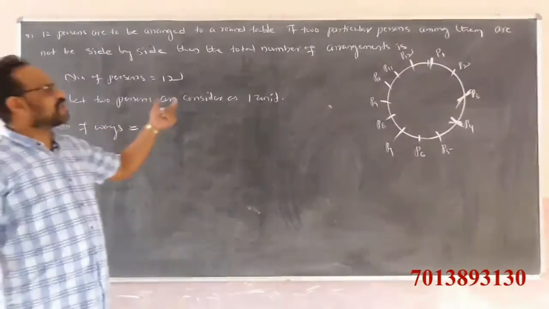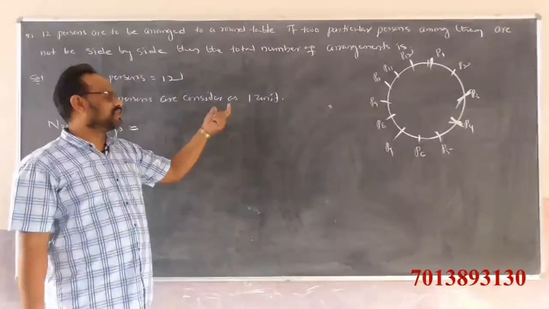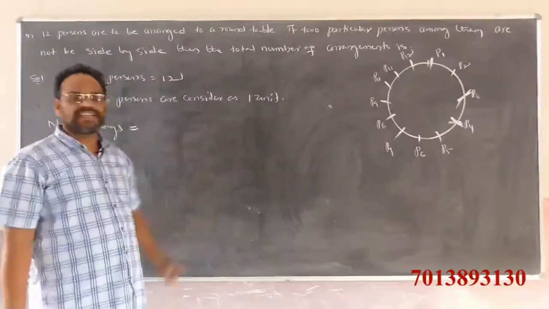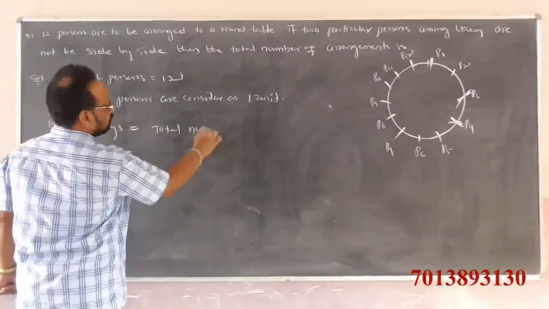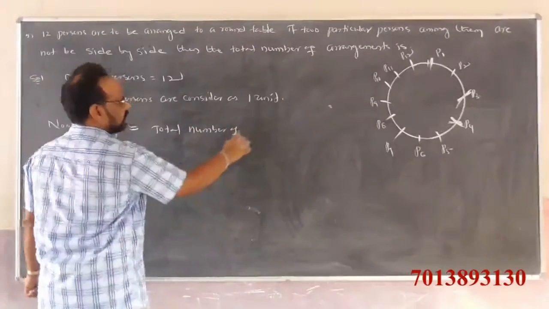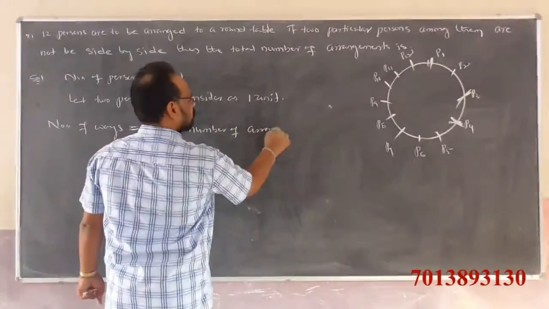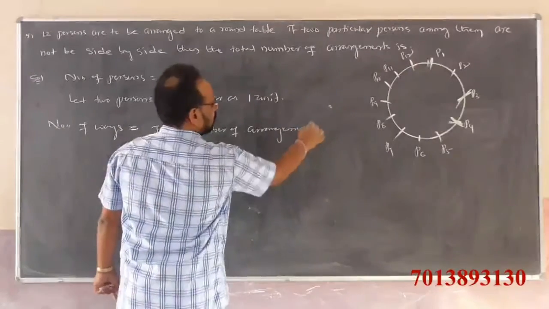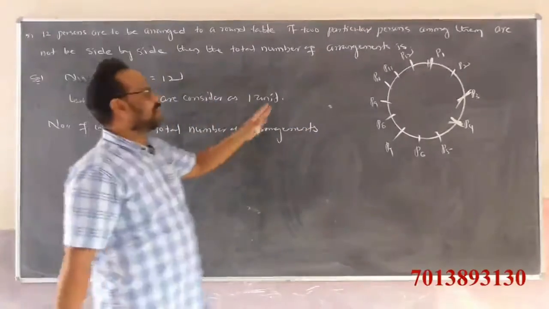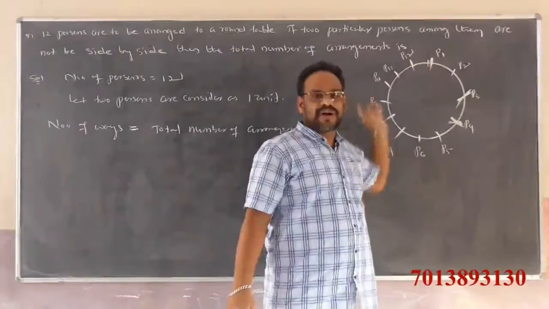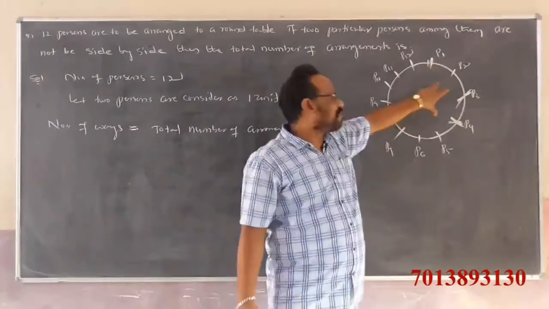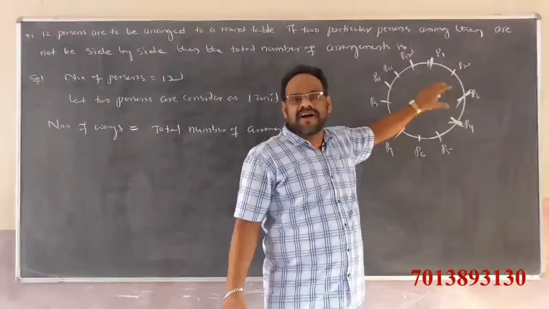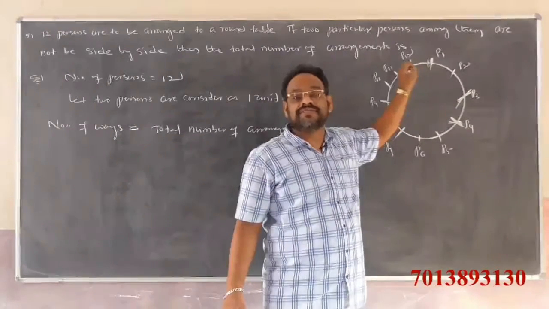How to find this type of question: the total number of ways is equal to the total number of arrangements minus the arrangements where two particular persons sit side by side. Total number of ways 12 persons are arranged in a round table, we already know the formula, that is n minus 1 factorial.